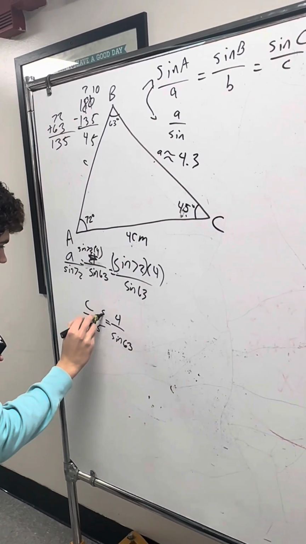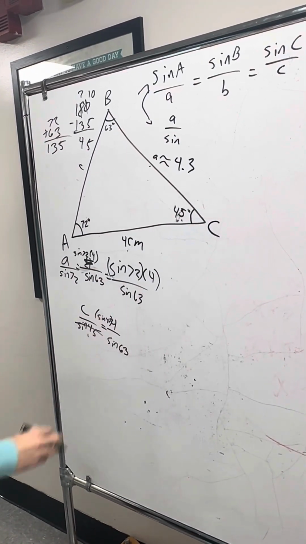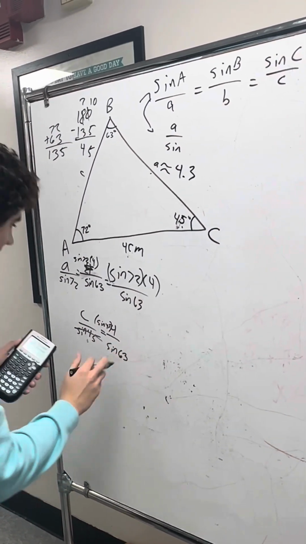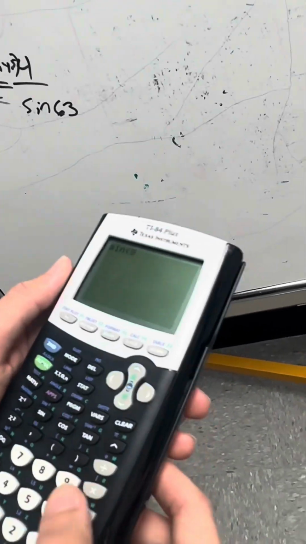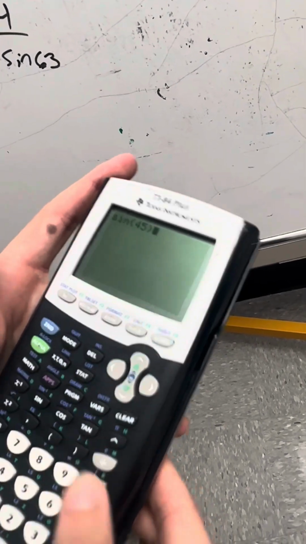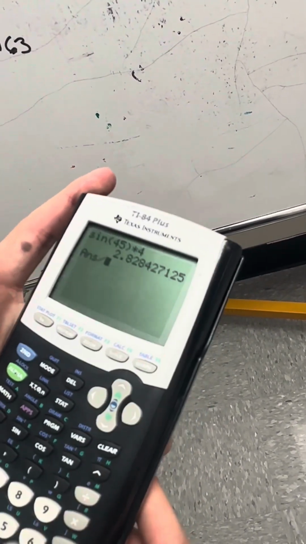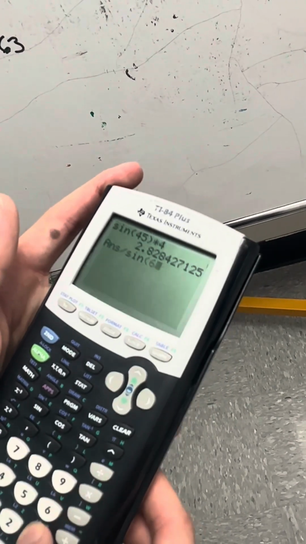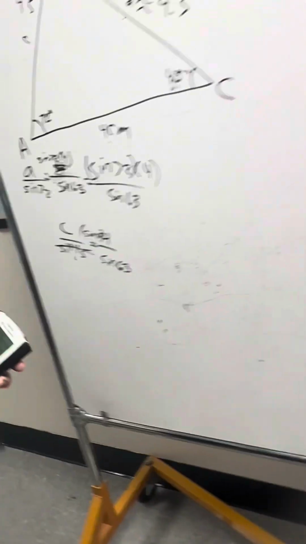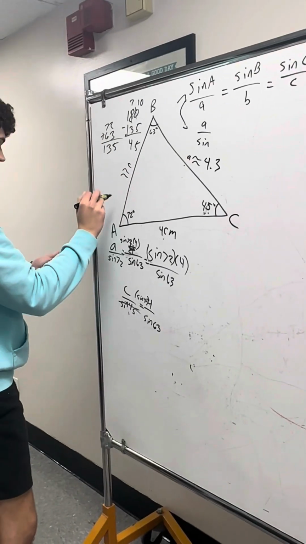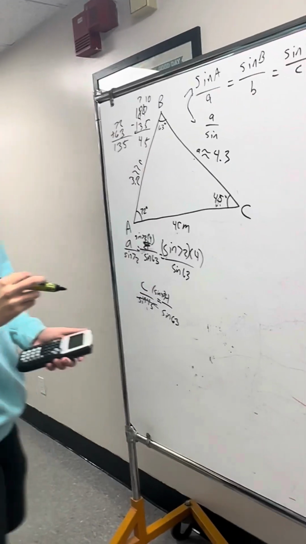Sine of 45 times 4 equals that. You divide that by the sine of 63. Close those parentheses. 3.1 or 3.2 with the rounding. 3.2. So that is a finished triangle right there.